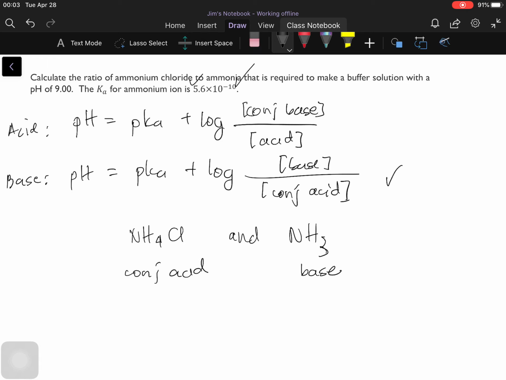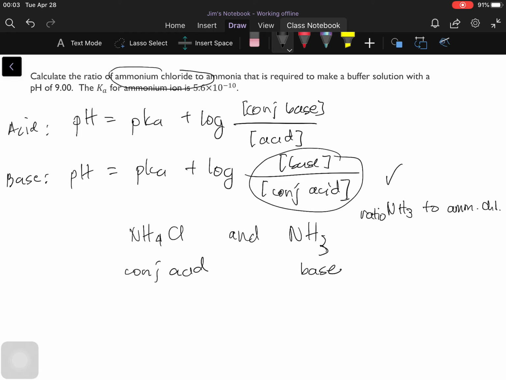Okay, so if we are going to solve for this ratio, we are actually obtaining the ratio of ammonia to ammonium chloride. However, the problem requires us to solve for the ammonium chloride to ammonia.